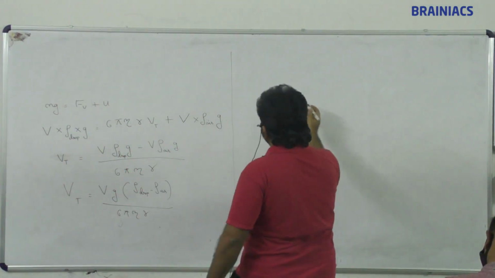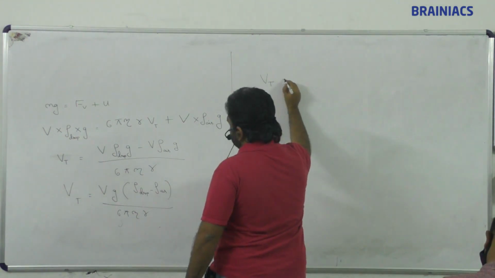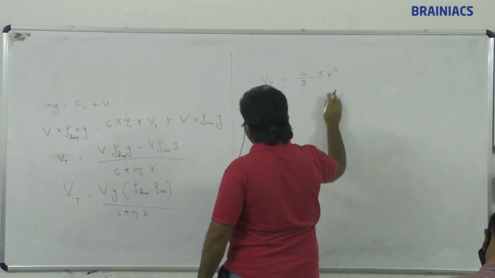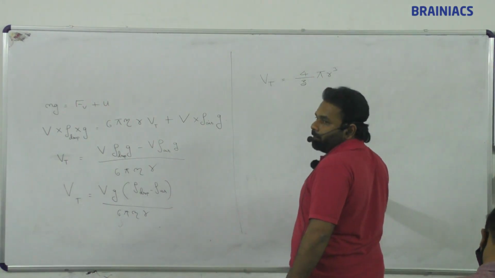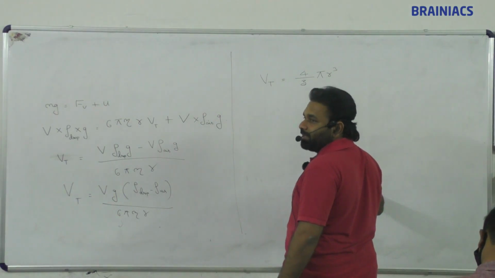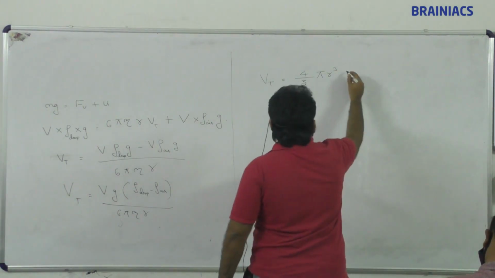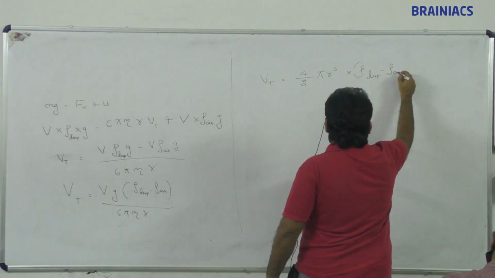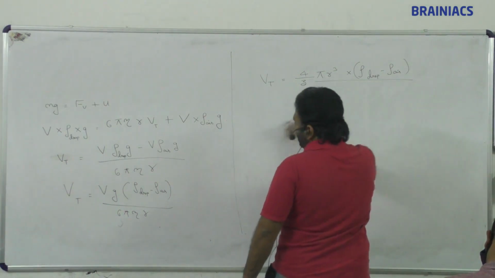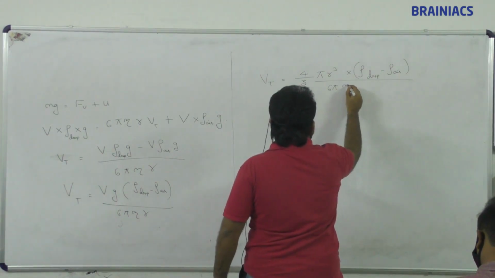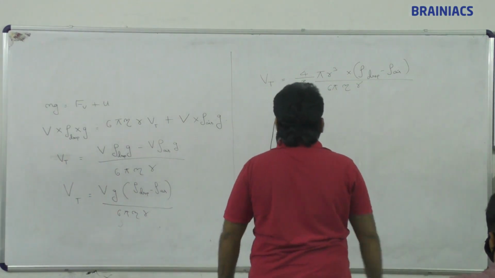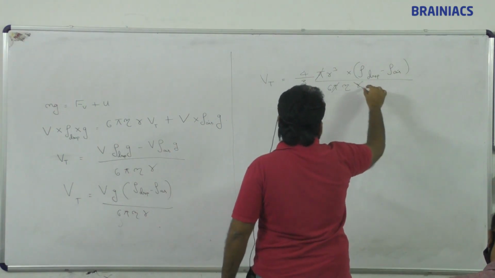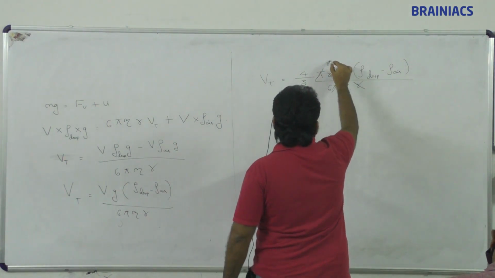So this is spherical, no? For a spherical drop, terminal velocity is equal to, I can put 4 by 3 pi r cube, where r is the radius of that sphere or drop that is coming down, into density of drop minus density of air, divided by 6 pi eta r. Clear? So this pi can be cancelled, this r can be cancelled, leaving r square.